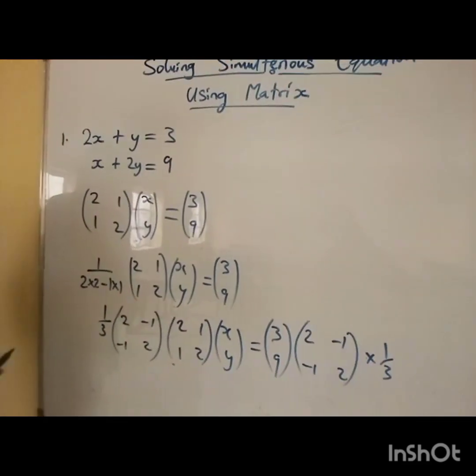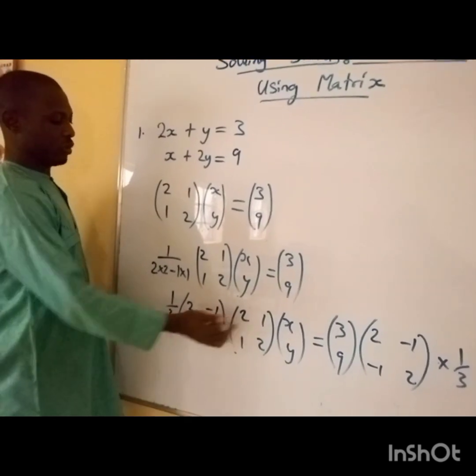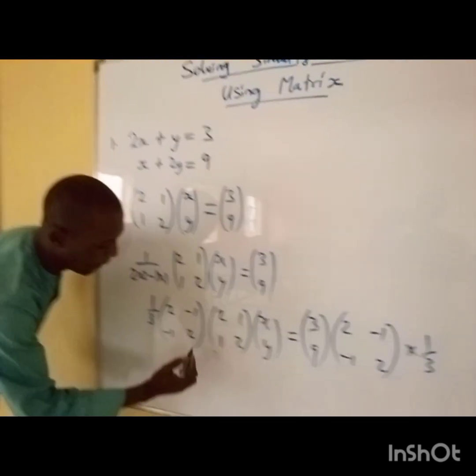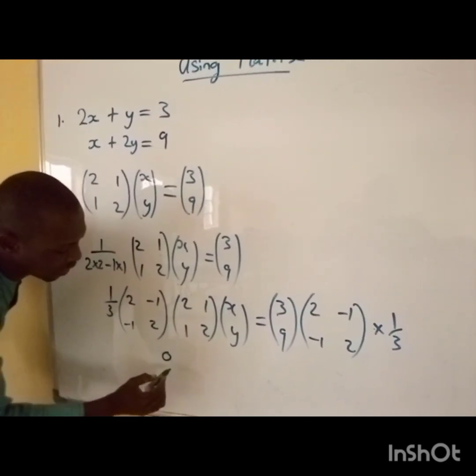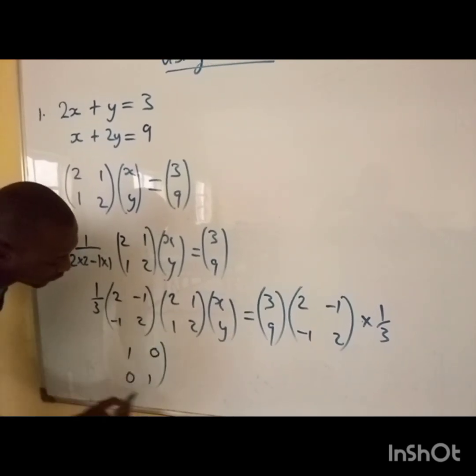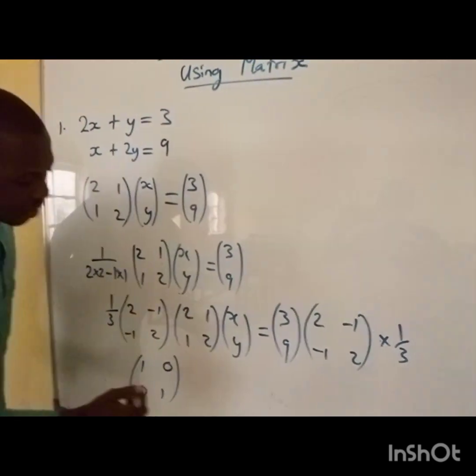Now, every time you multiply a matrix by its inverse form, your result becomes the identity matrix. The format used here is 1, 0, 0, 1. This is the result of multiplying this by its inverse.